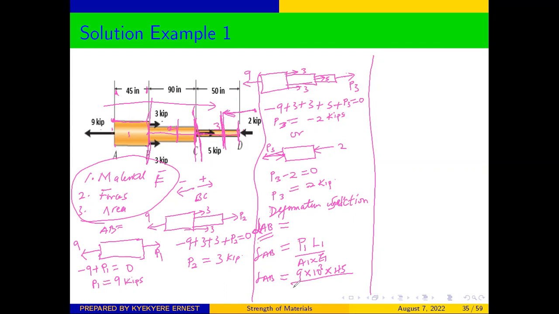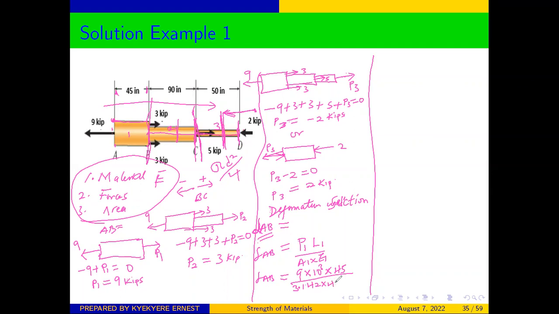Because it's cylindrical, the area is going to be pi d squared over 4 or pi r squared. Which of them is easier for you? You can just choose. So we are going to get pi is 3.142 times the diameter of that section. The question tells us that the diameter of that side is 4.